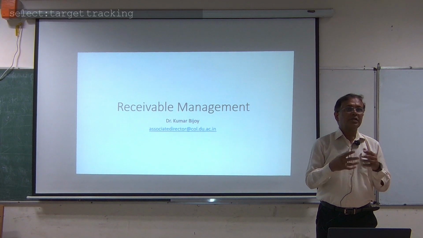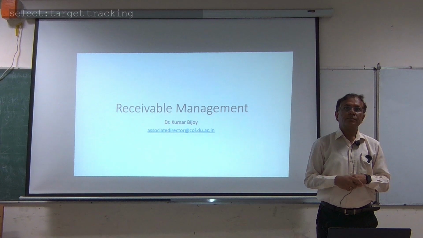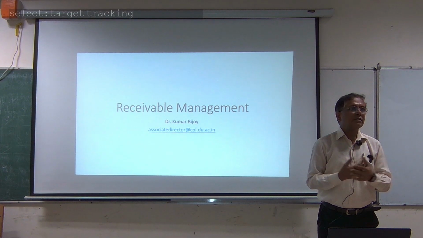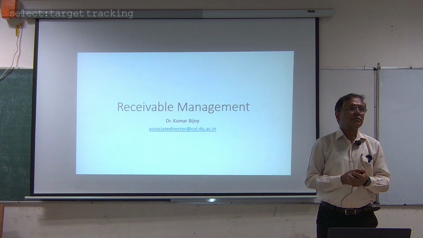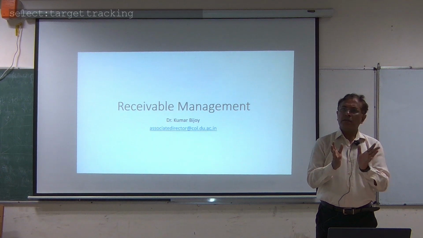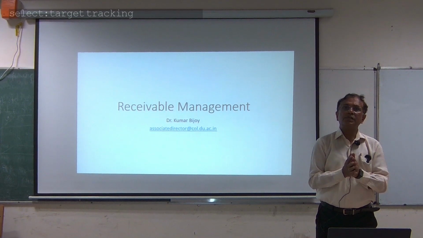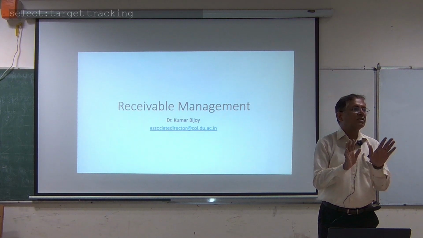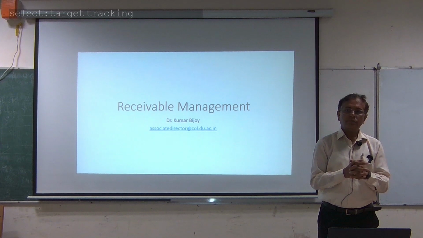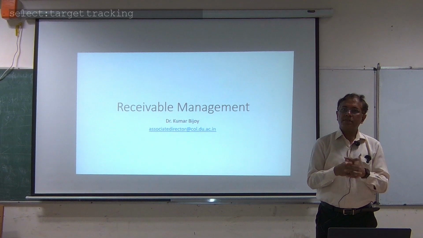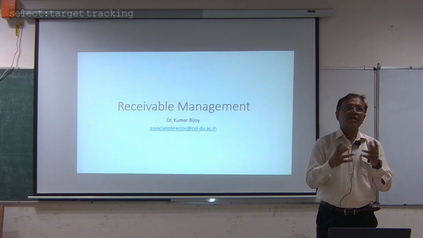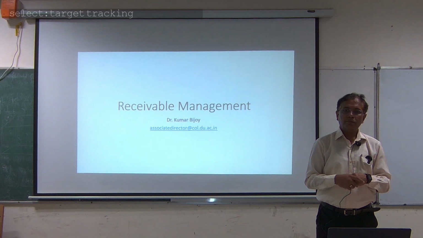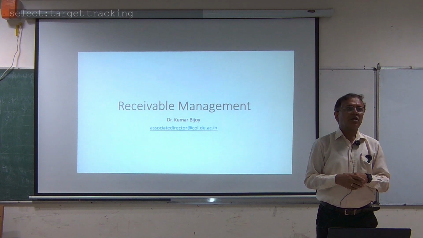So what are those credits? Why credits? This is what we have to discuss. Best management is that there should not be receivable. Make cash sales or even take advance receipt, but normally it is not possible because of three reasons.